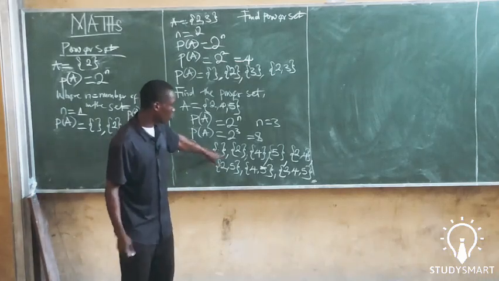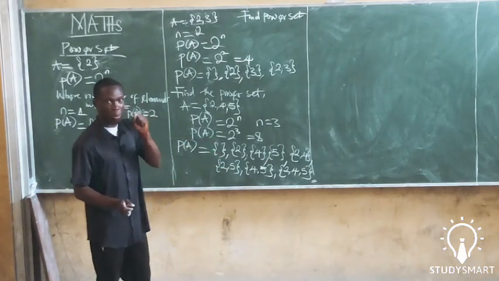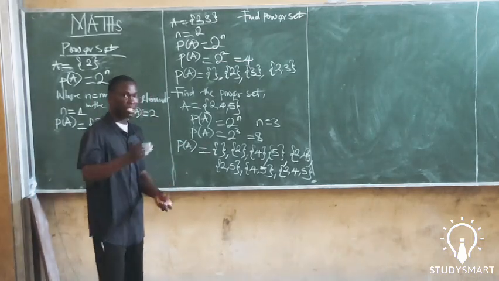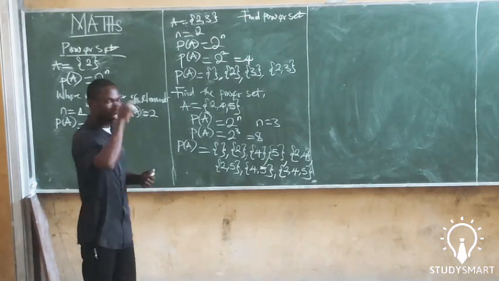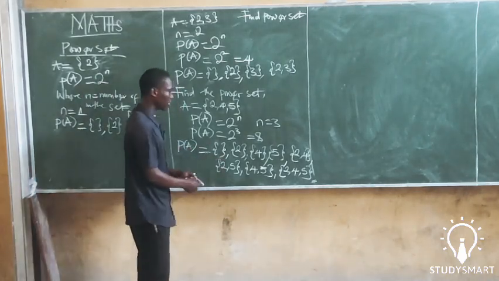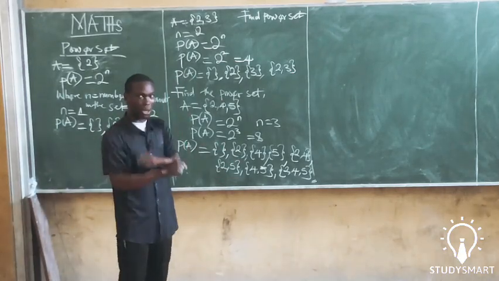Don't forget, you must start with an empty set. You are not skipping the empty set because it is among the possible subsets, including the empty set and the set itself. Then after, you are going to take all the elements individually.